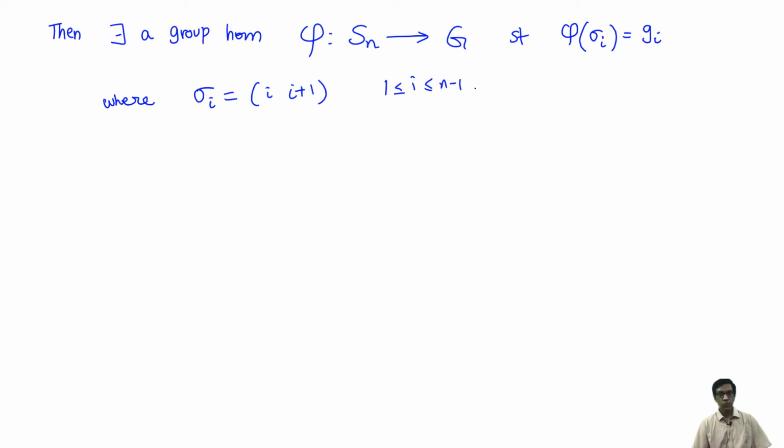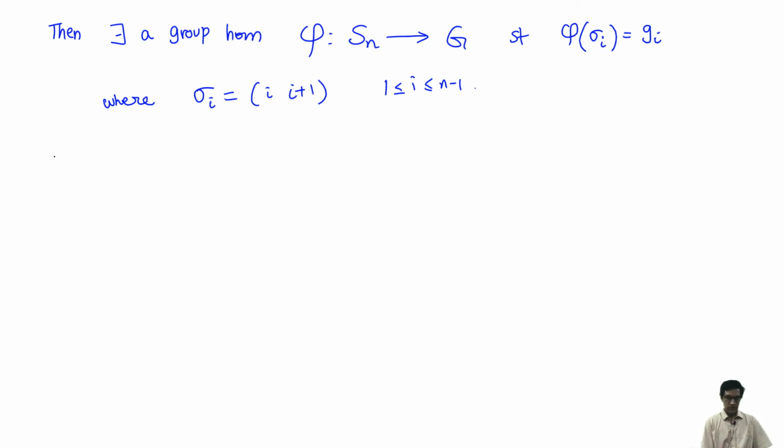So if you want to map the transpositions to any elements of the group G, those elements must satisfy the same relations that the transpositions do, and conversely that's all you need. If you have that, then automatically there exists a well defined group homomorphism.